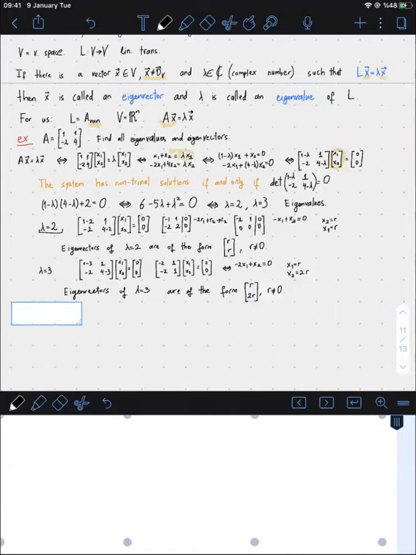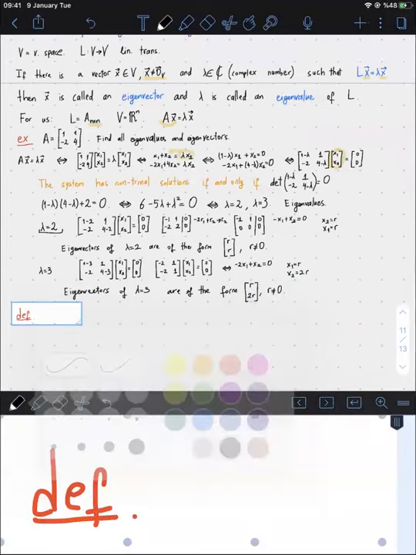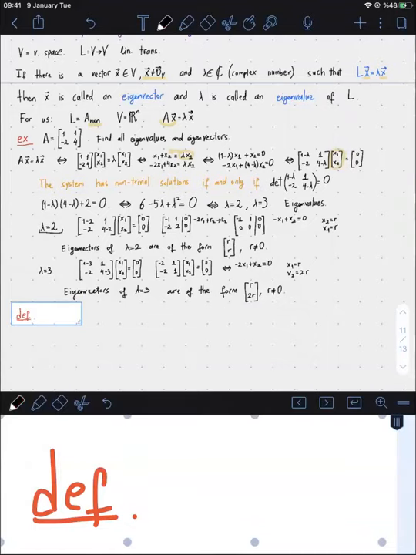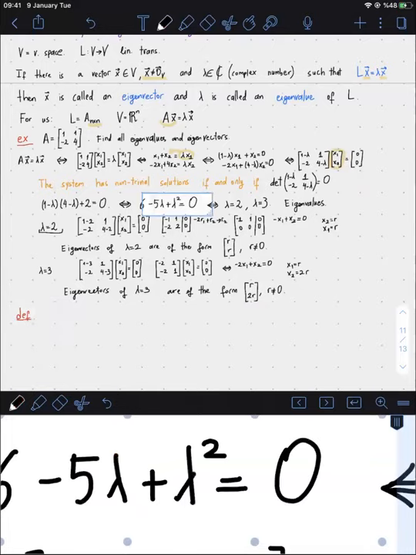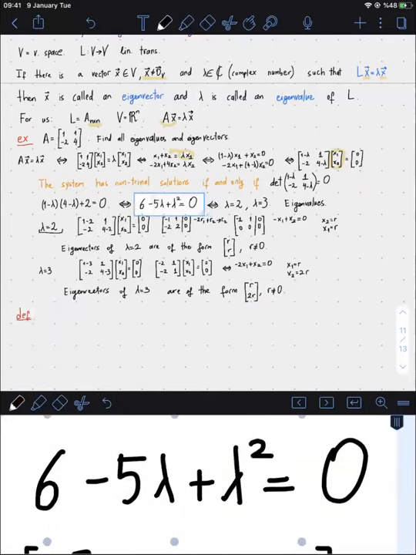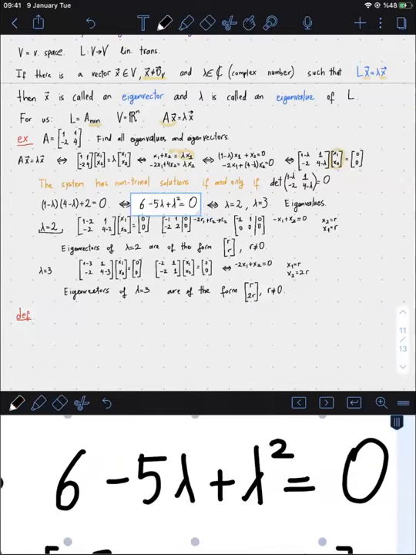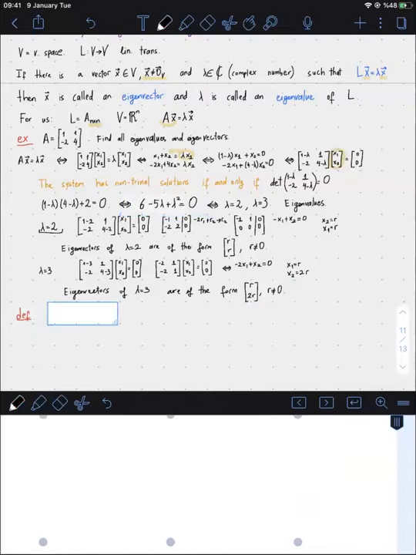Okay, so let's talk about some definitions now. In this example, we have seen a procedure to find eigenvalues and eigenvectors, and in this procedure we end up with certain things that we want to give names. In particular, this thing will have a name: the characteristic polynomial.